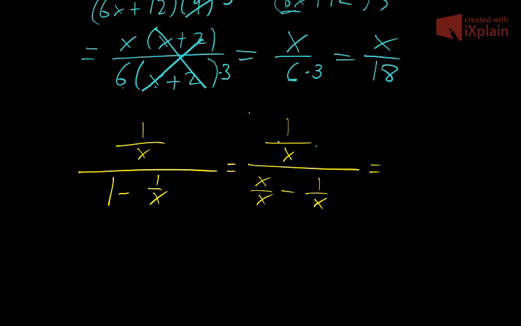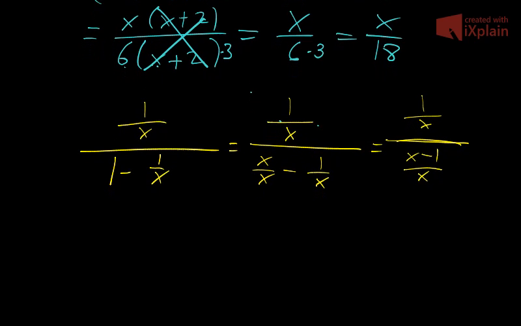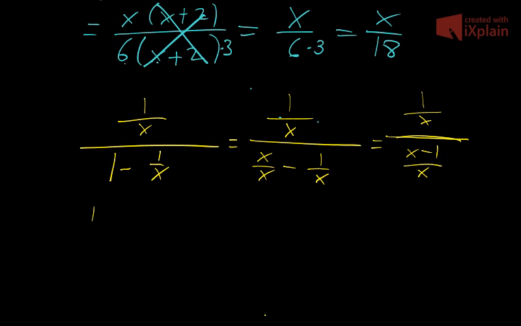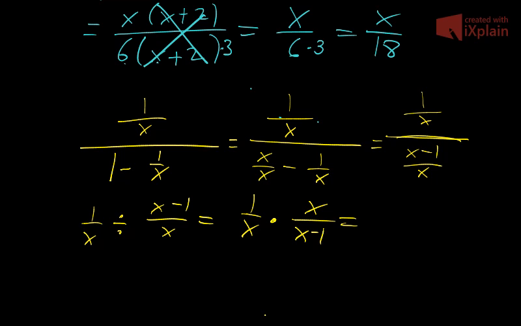Now that I have common denominators, I can do that subtraction. I get 1 over x divided by x minus 1 over x, which is 1 over x times x over x minus 1, which gives me 1 over x minus 1 after my x's cancel out. And this is going to be my final answer.